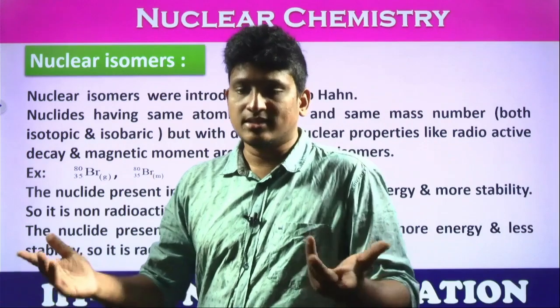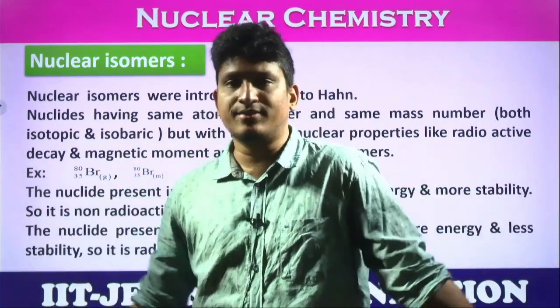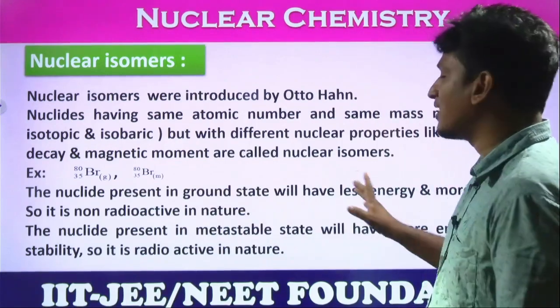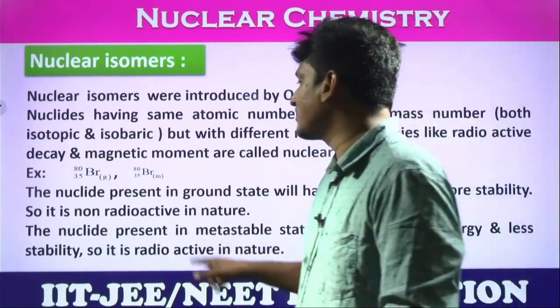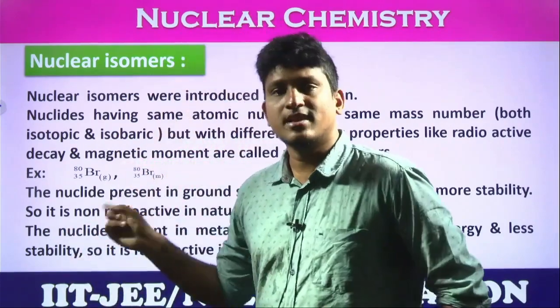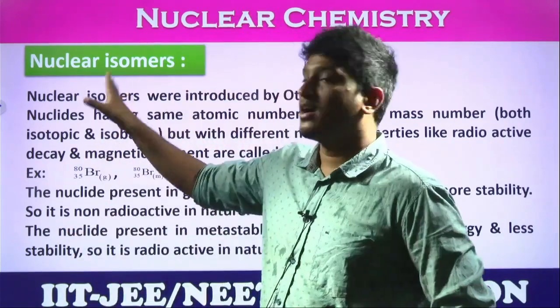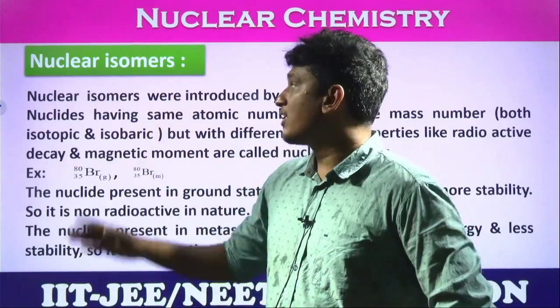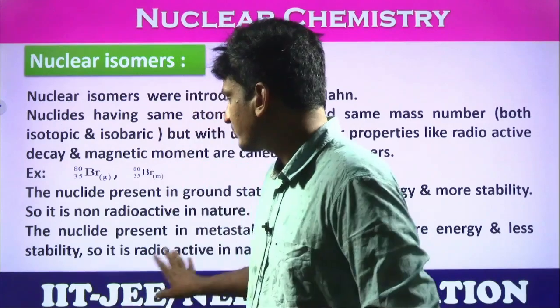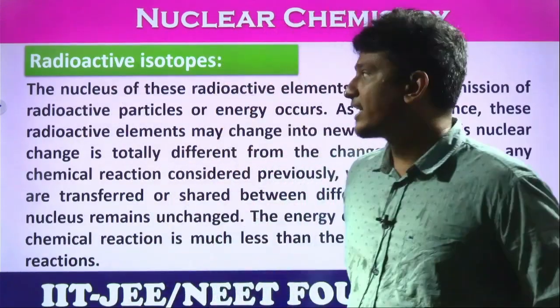Does it need to emit radiation, radioactive decay? No, no need. The nuclide present in the metastable state will have more energy and less stability, so it is radioactive in nature. So when it comes to radioactivity, the difference is there or not? This difference comes under a category called nuclear isomers. This time, what is the difference? Mainly energy, right?